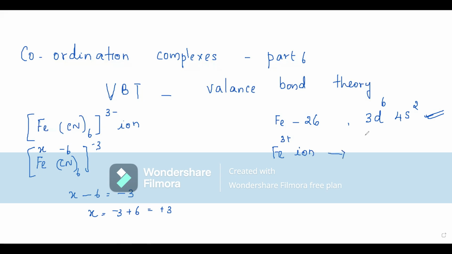Then what will be the electronic configuration of Fe3+? You need to remove 3 electrons. I'm removing 2 from 4s2 and 1 electron from 3d6. So at present, the electronic configuration is 3d5.